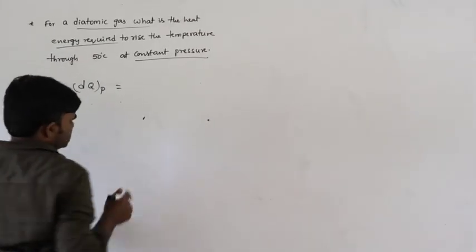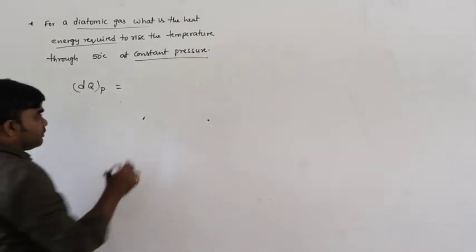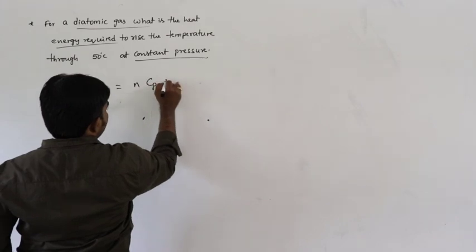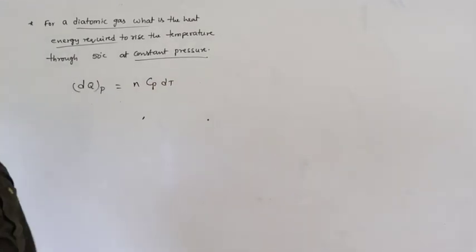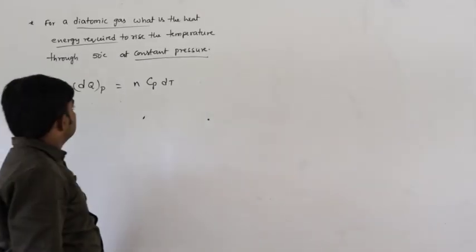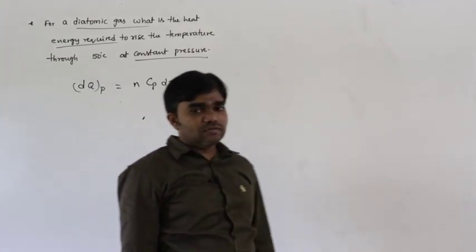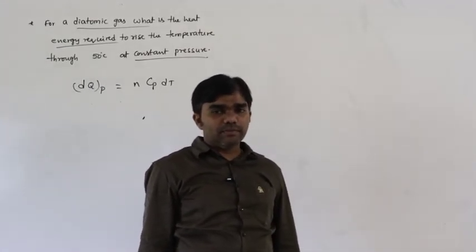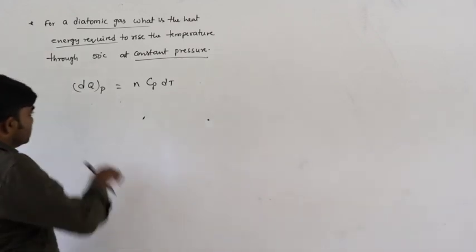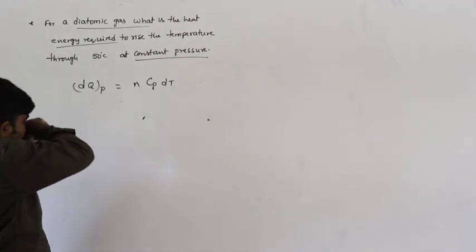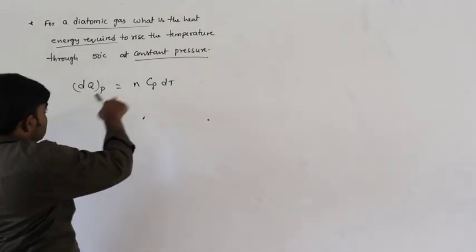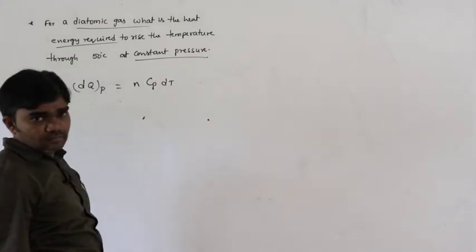So at constant pressure, directly you have to remember the formula. What is that? nCp dT. So dQ at P is equal to nCp dT, because heat energy supplied at constant pressure is equal to nCp dT.